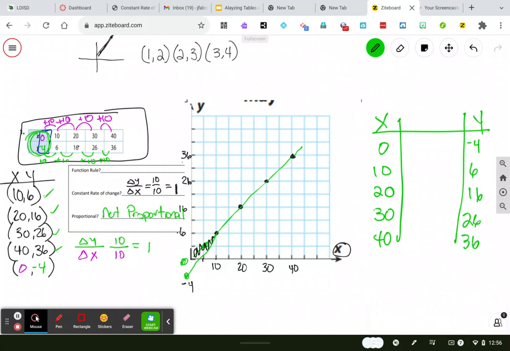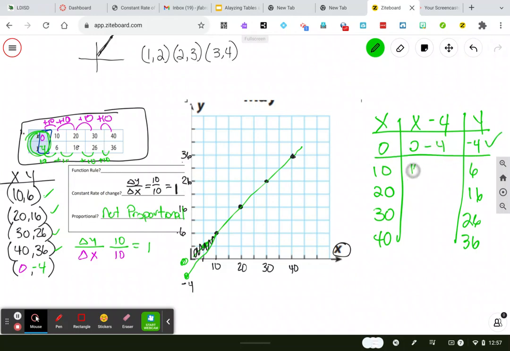So how do I get from there to there? The exact same way in the whole thing. Well, each time, I'm taking the x value and I'm subtracting 4. So if I take the x, which is 0, and I subtract 4, I get negative 4.